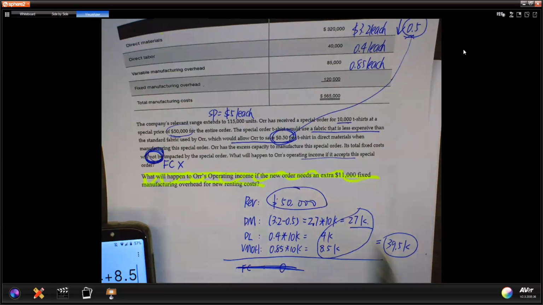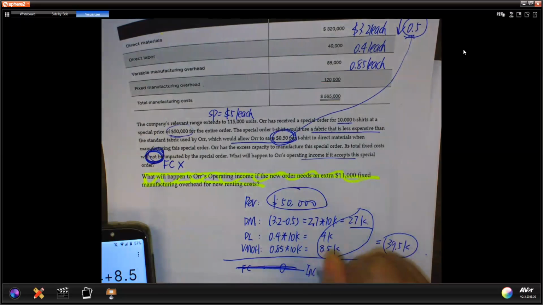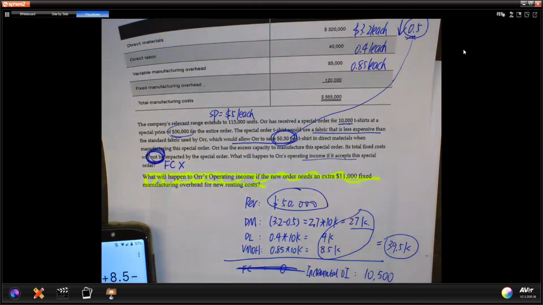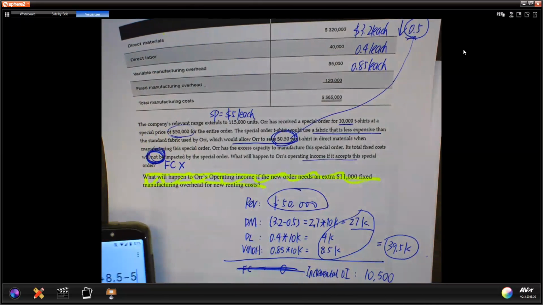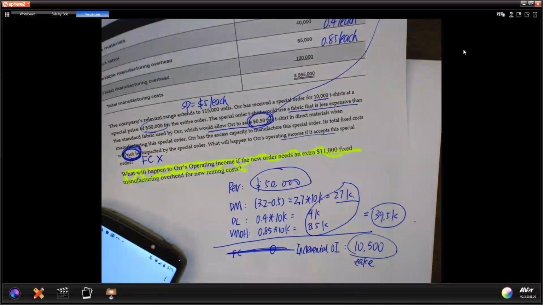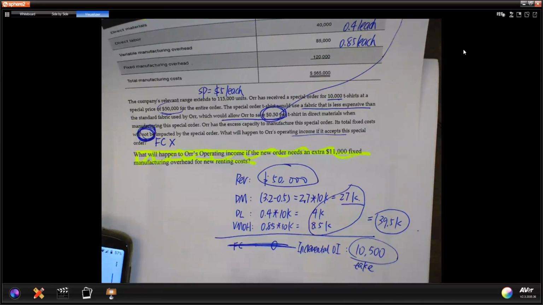You have incremental revenue 50,000 and incremental cost 39.5 thousand. So that gives you an incremental operating income of 10,500, perfect. In this situation, we should take the special order because that will increase our operating income by 10,500.